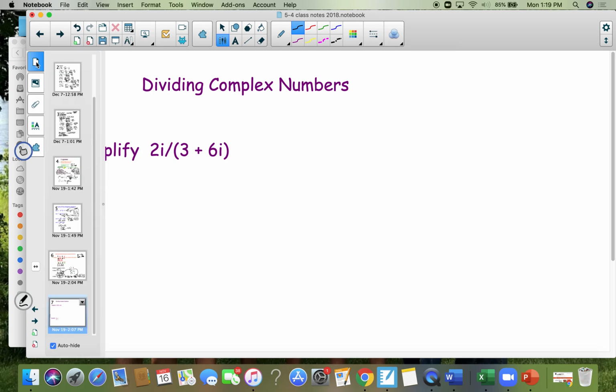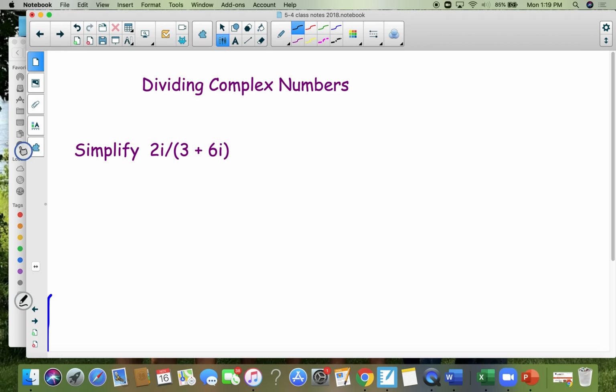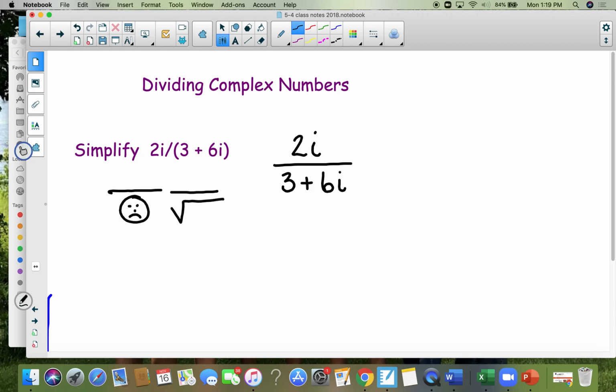Last part of the assignment is how do you divide complex numbers. So I think we have 2 of these, and I think we are done. There's a rule in math that says you can never have 0 in the denominator. You can't have a radical in the denominator.